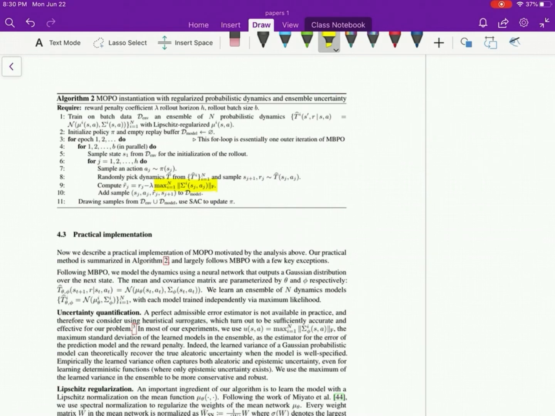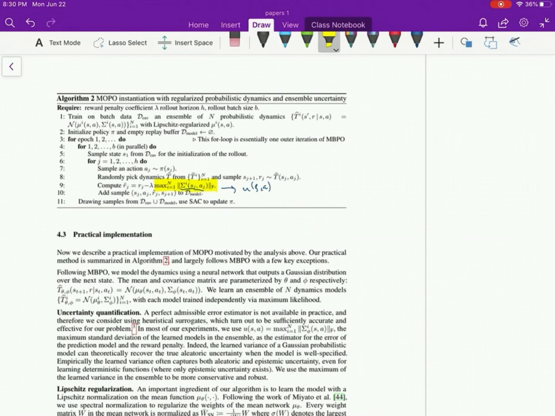This is the variance of the transition probability matrix. So yeah, it would be interesting to change this to some other U of SA which will give equal or better results maybe.